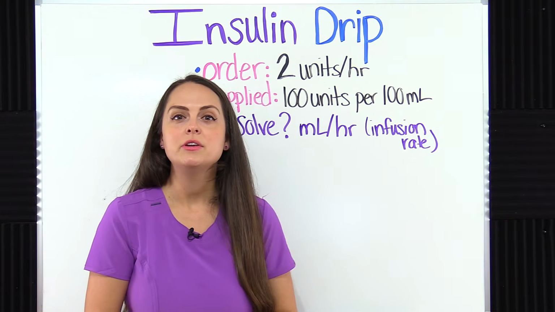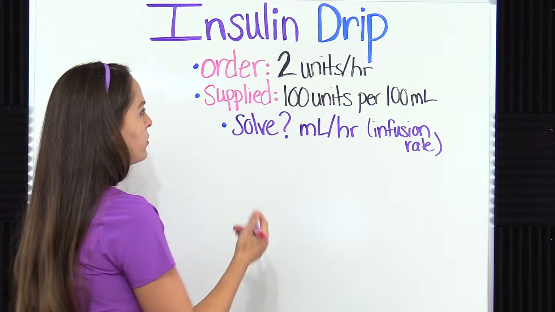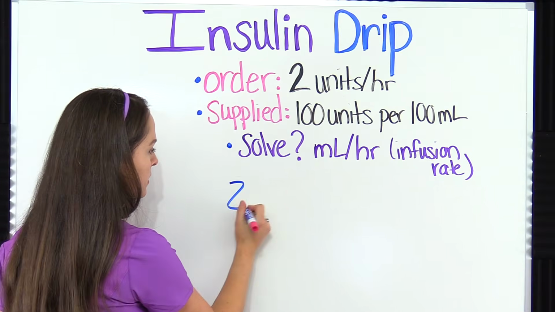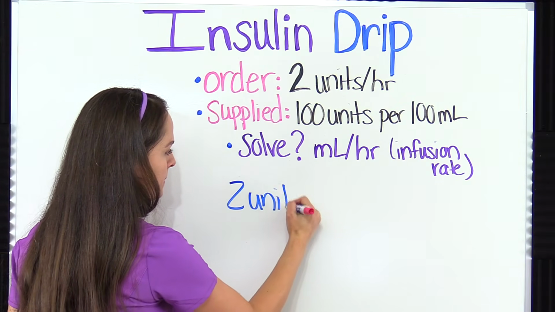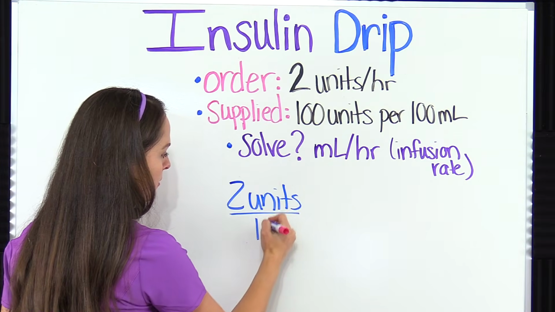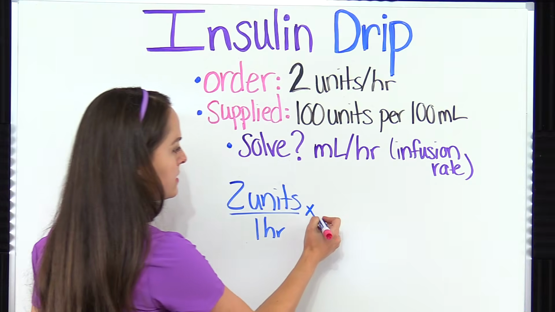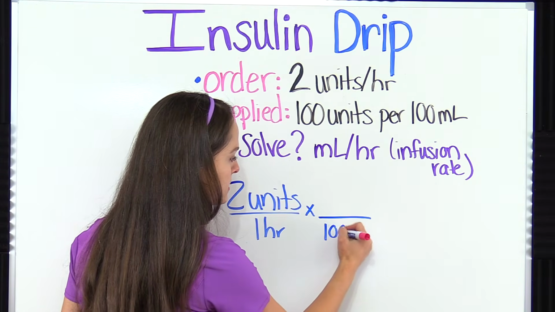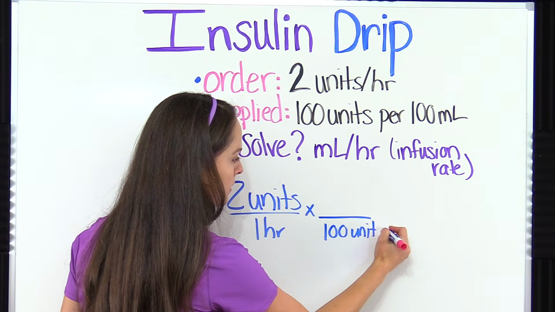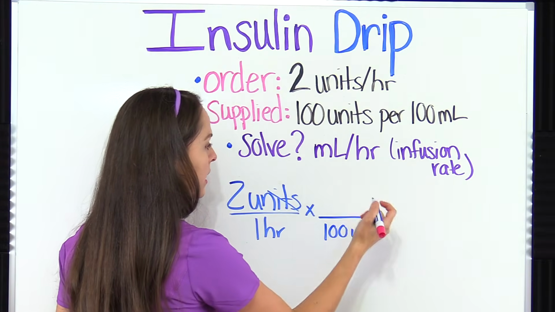Well, I'm going to set up a problem using dimensional analysis. The order says 2 units per hour. We have a bag that has 100 units in it, units cancels out, and 100 mLs.